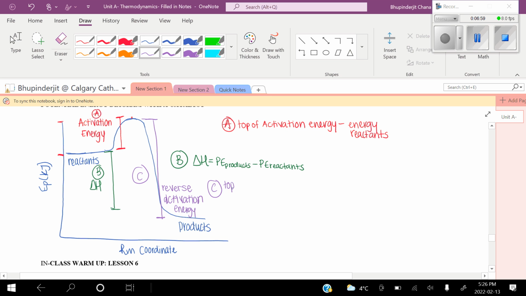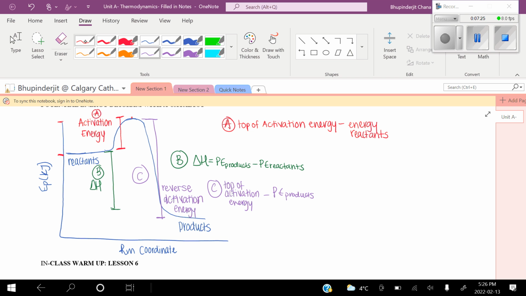So top activation energy minus the PE, potential energy of your products.